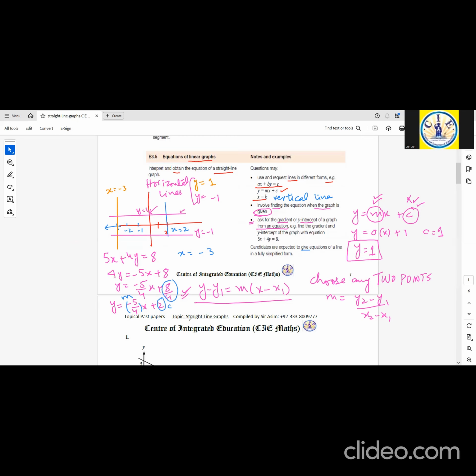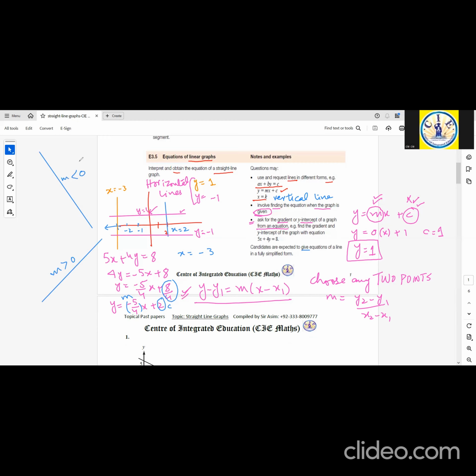And one thing I need to mention here: whenever the gradient is a negative value, the line is going to be drawn like this, sloping downwards. And when the line is sloping upwards, that means m is greater than 0, and here it means m less than 0.